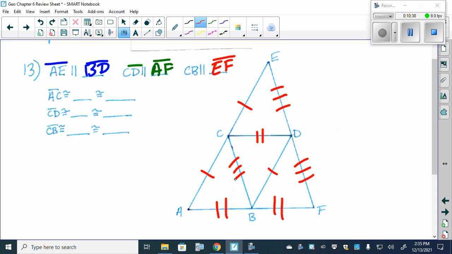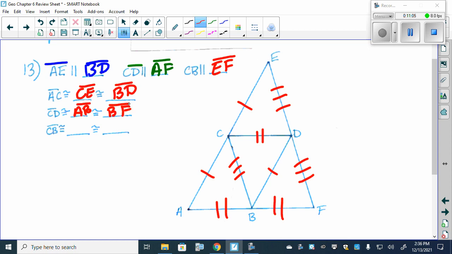So when we look at this here, AC would be congruent to CE or EC, either one, as well as BD. We can also say that CD is congruent to AB and BF.